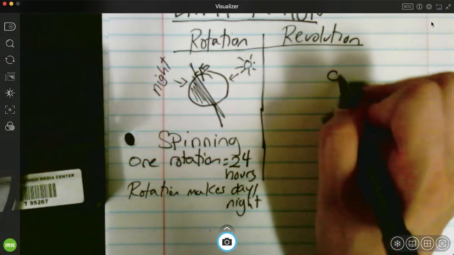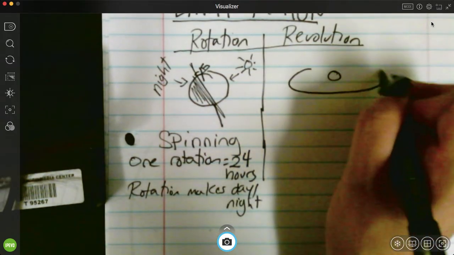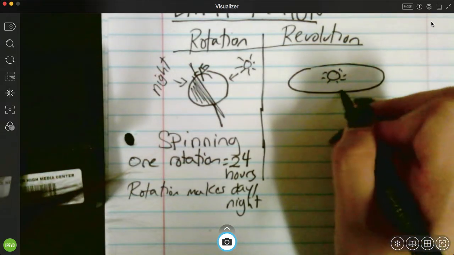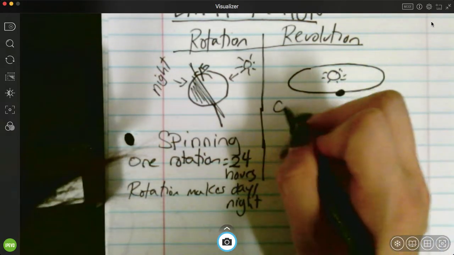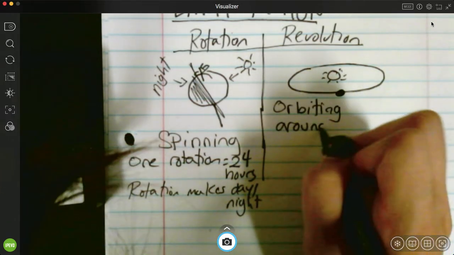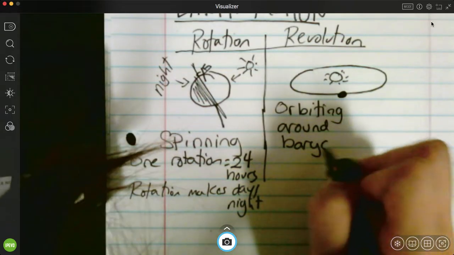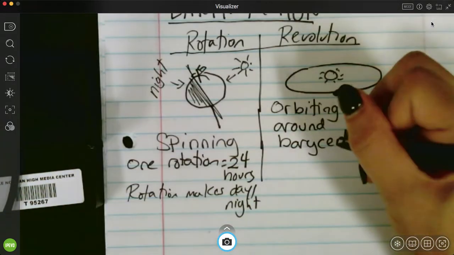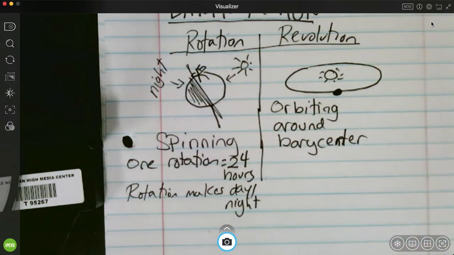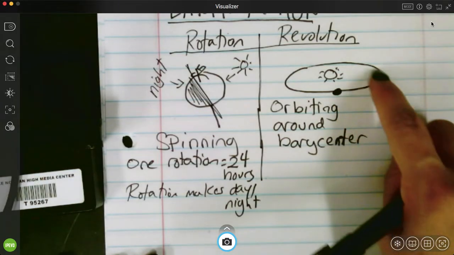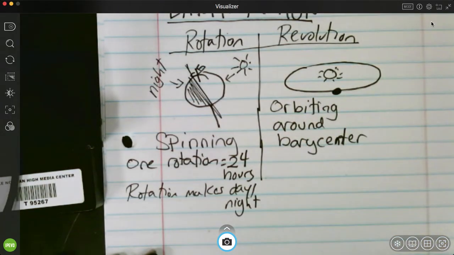A revolution, that's an N. So a revolution is the orbiting of the Earth around the sun and their respective barycenters.